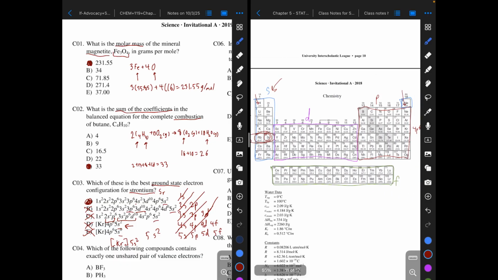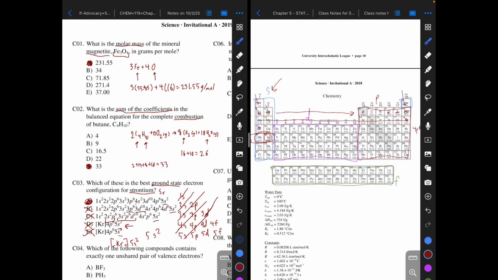Helium is 1s2. Then you go to lithium, 2s1, 2s2, and then you immediately cross over to the P block: 2p1, 2p2, 2p3, 2p4, 2p5, and neon is 2p6. Then you go to sodium, 3s1, and cross over again, all the way to 3p6.